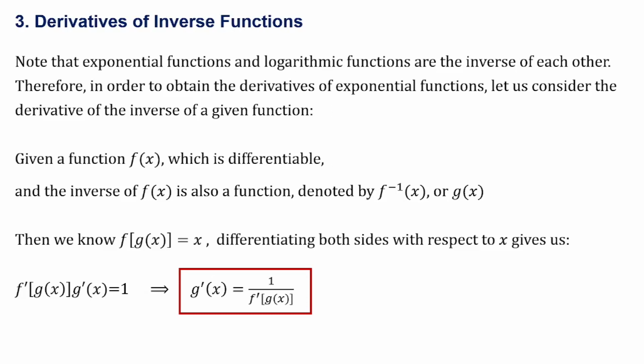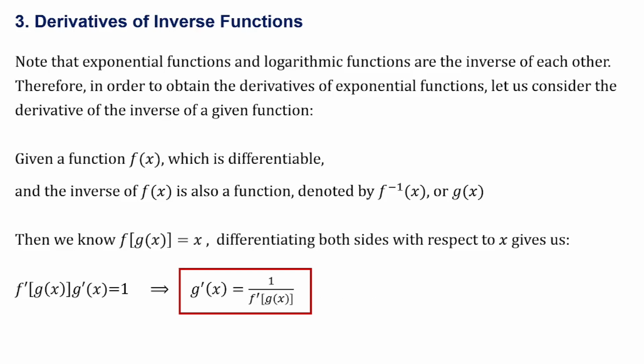Okay, now let's have a look at the derivatives of inverse functions. Note that exponential functions and logarithmic functions are the inverse of each other, right? Therefore, in order to obtain the derivatives of the exponential functions, let's consider the derivative of the inverse of a given function in general.